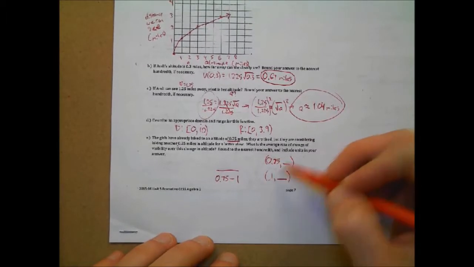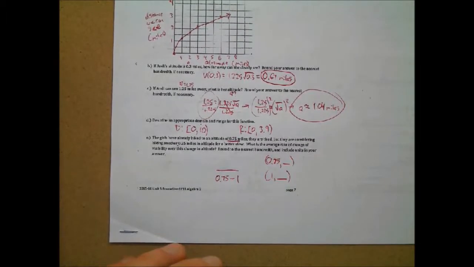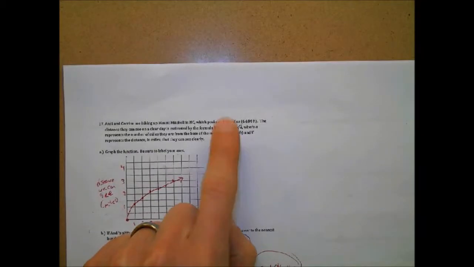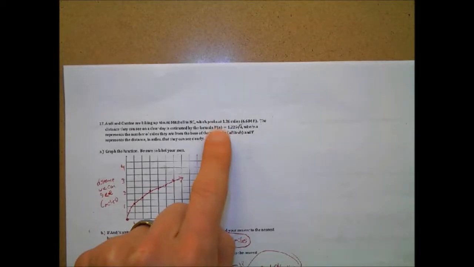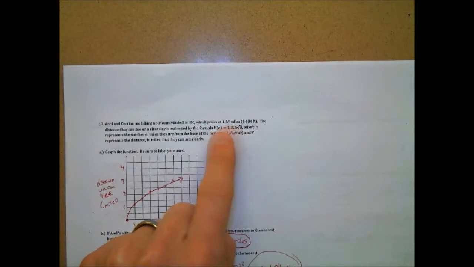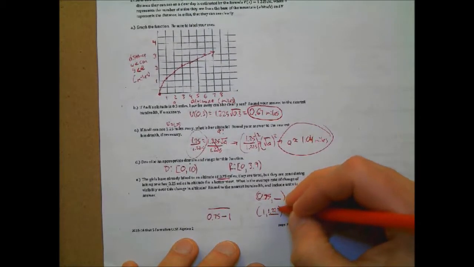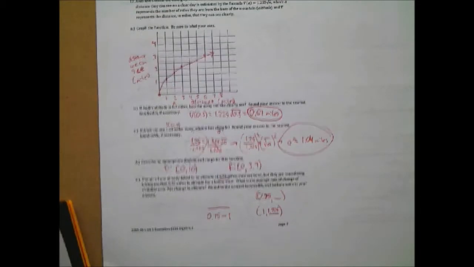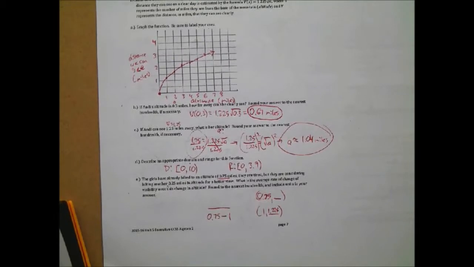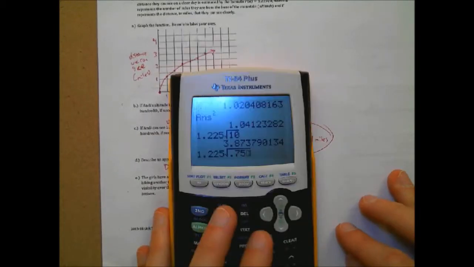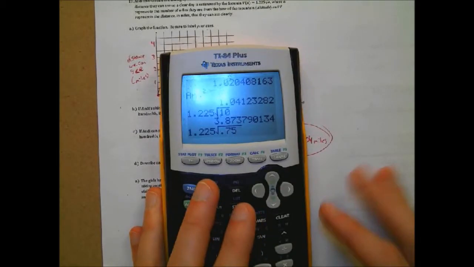Now we've got to find their matching y values. How do we find the matching y values? Use that function from up here. We're just going to plug in 0.75 for A and simplify, and then 1 for A and simplify. Plugging 1 in for A is going to be easy, 1.225. Plugging in 0.75 gives 1.06, we'll say.